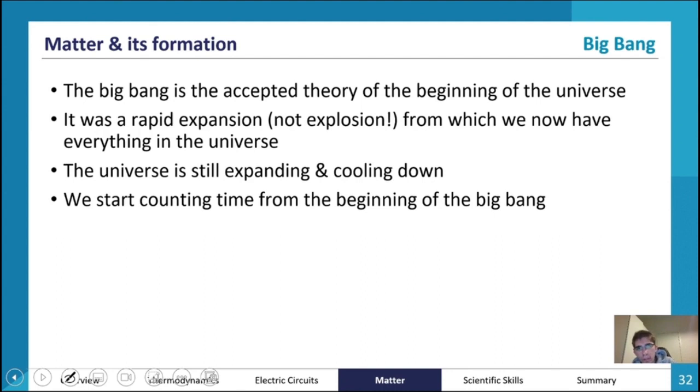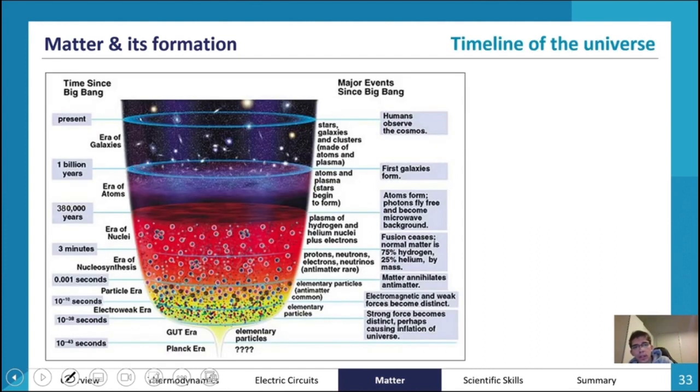And the universe is still expanding and cooling down, and we start counting time from the beginning of the Big Bang. So a rapid process of expansion. Now, obviously, that meant that there were quarks and different very small elementary particles at the very beginning, and then those elementary particles gave rise to more complex particles.